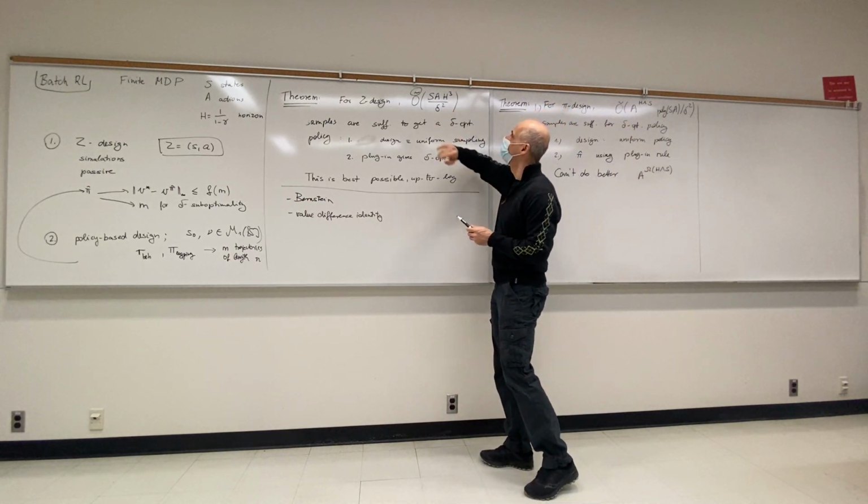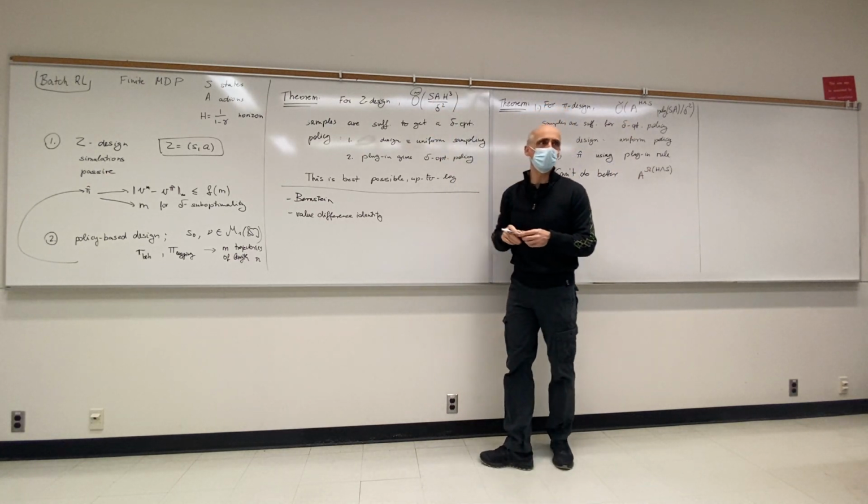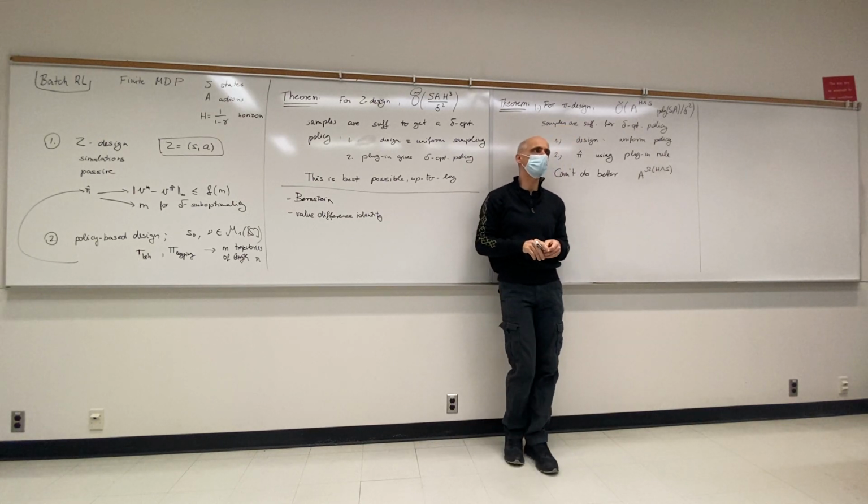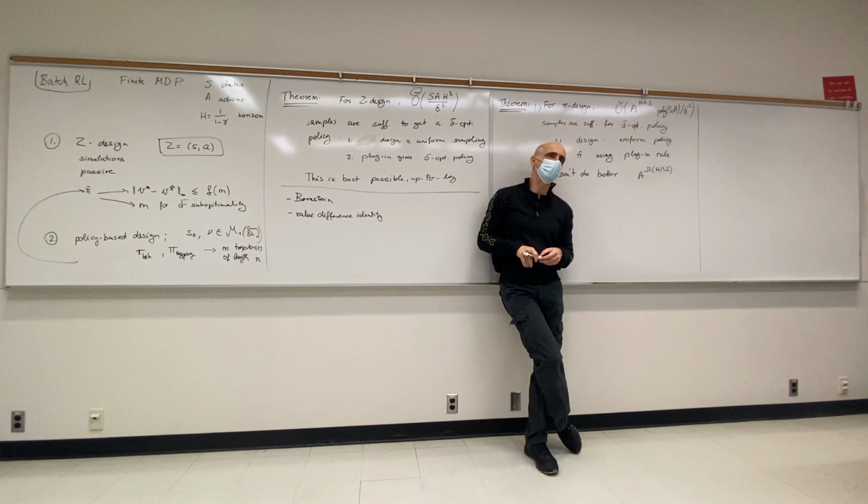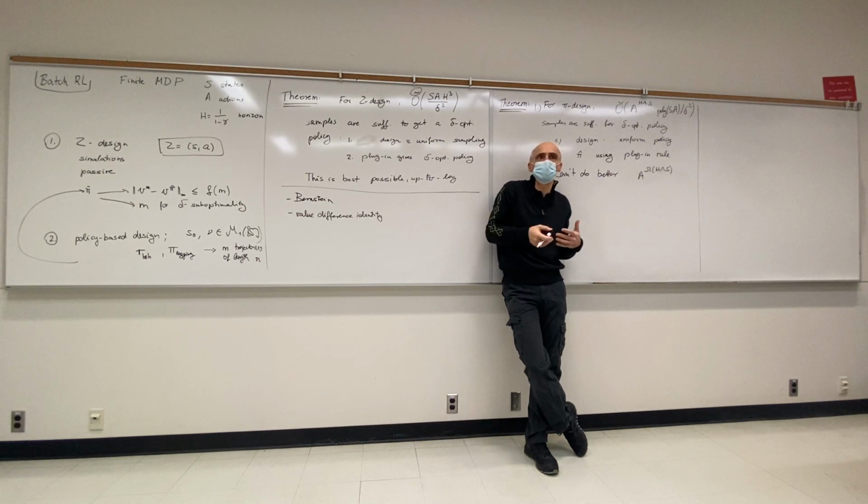But here, in the upper bound, you have a linear dependence on the number of state action pairs. And people were like, oh yeah, model-free algorithms that only need to estimate Q functions, or the optimal action value function, can write that down as a table with SA entries, so that kind of makes sense.